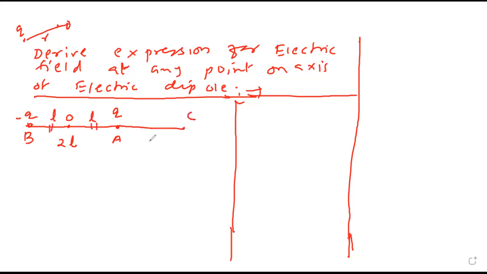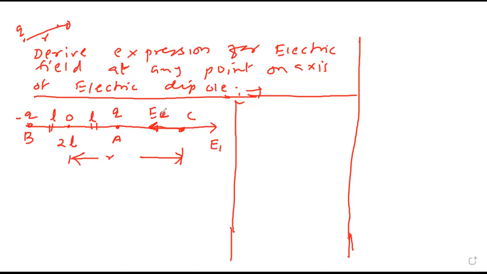C is a point at a distance r from center O. Now for this positive charge, the field will be outward, I am calling it E1. For the negative charge, it will be inward, I am calling it E2.